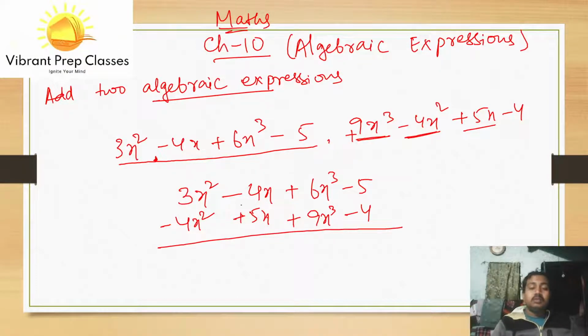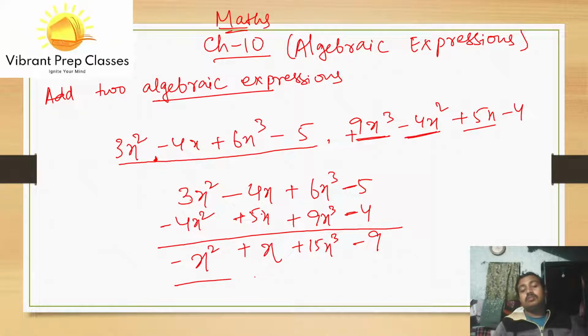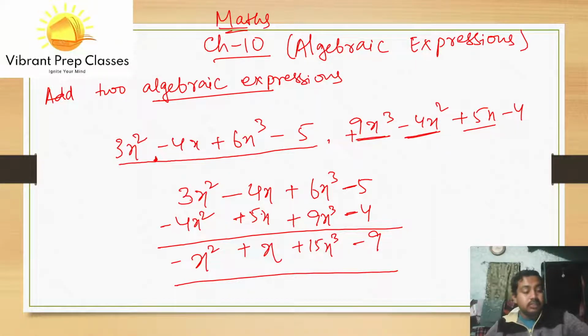So we see here we can add them. -5 and -4 will be -9, plus 6 and plus 9 will be plus 15x³, plus 5x and -4x will be plus x, and 3 minus 4 will be minus x². So it was a very easy one. So we did it.